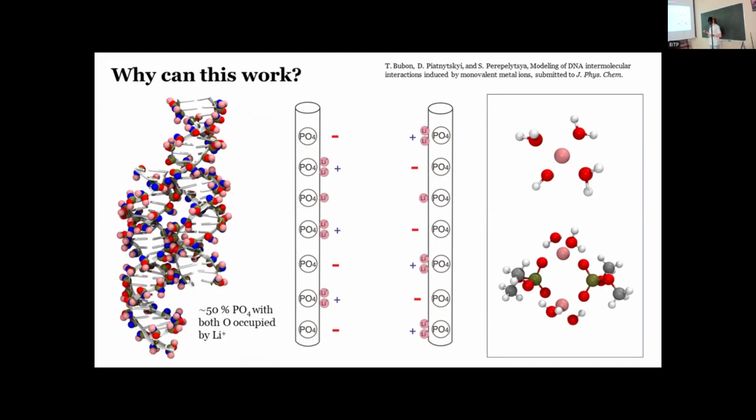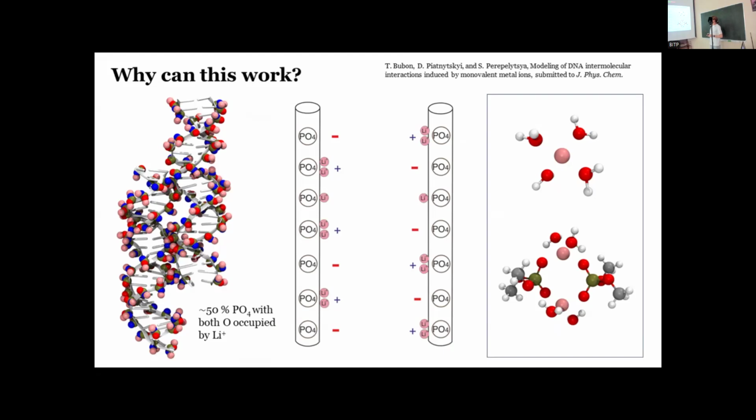As a result, it is often the situation that both oxygen atoms of one phosphate group can be simultaneously bound to the lithium ions, and it can be clearly seen from just a random snapshot from the molecular dynamics simulation.